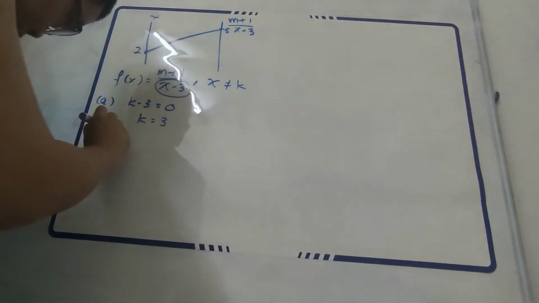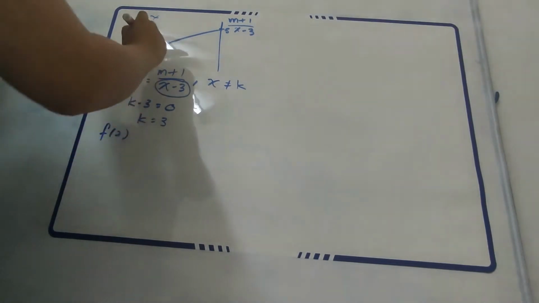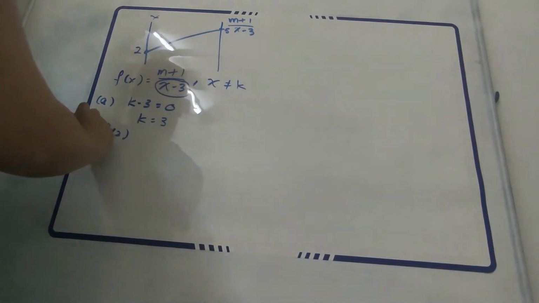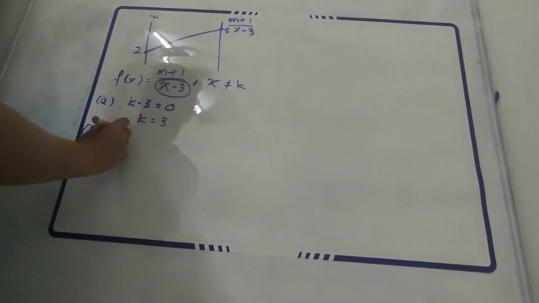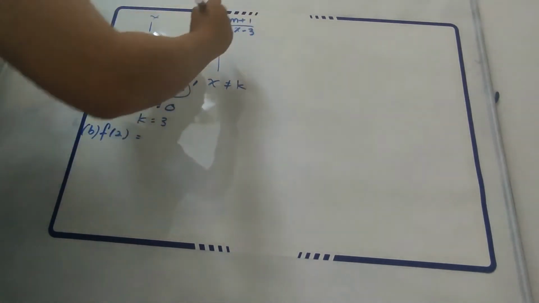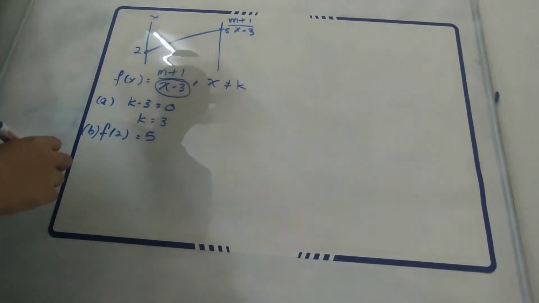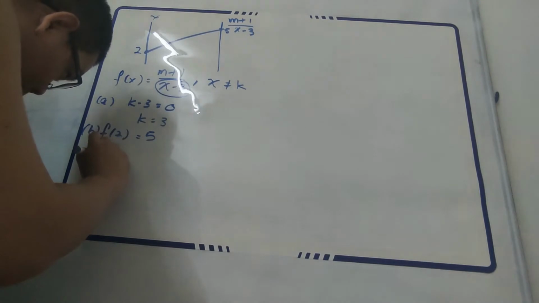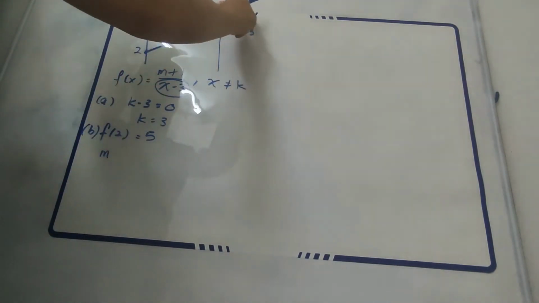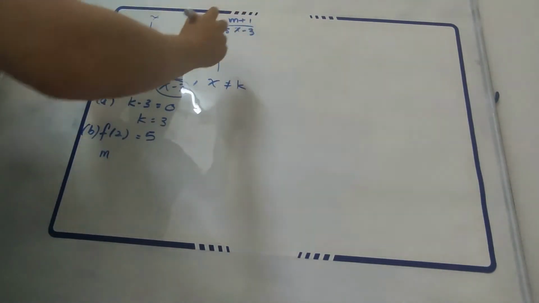You can see here, part B, f with the variable 2 equals 5. So f(x) equals (m plus 1) divided by (x minus 3).